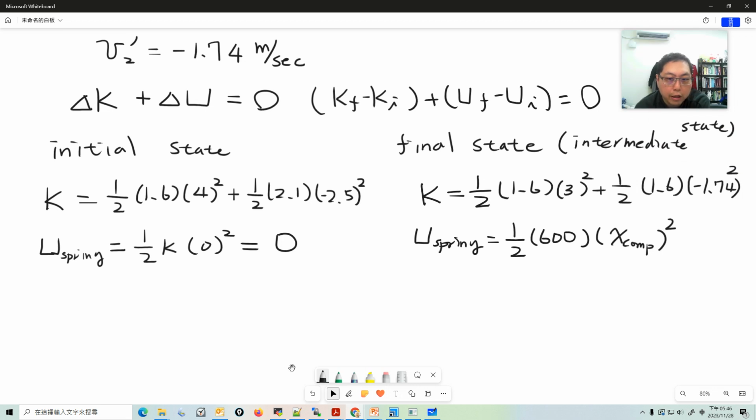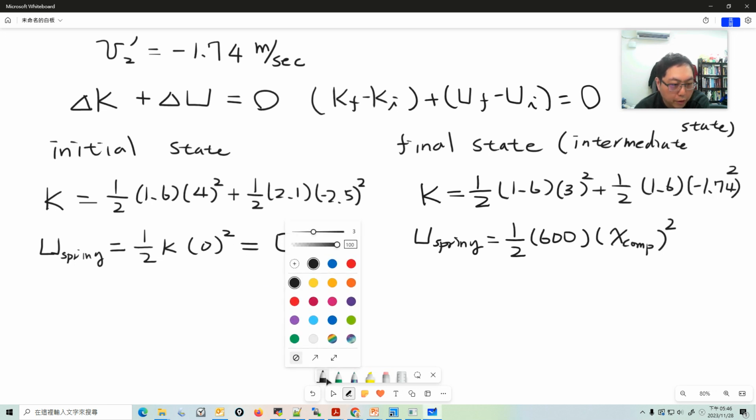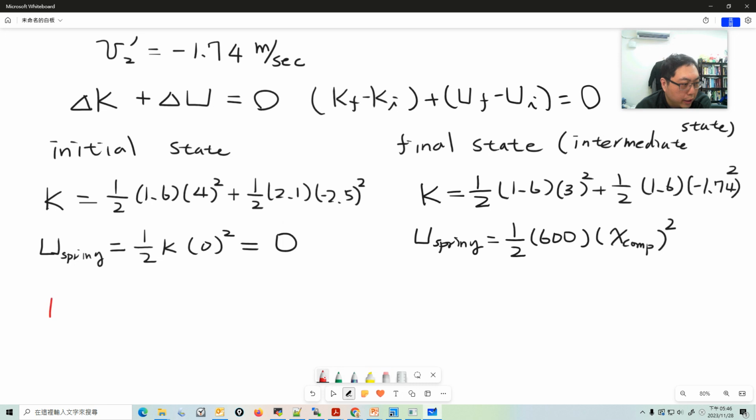So the final state kinetic energy. Do we have to calculate some values? Kf equal to... I think it's better to put a number in there. So Kf is 0.8 times 9 plus 0.8 times 1.74 squared, so it's 9.62.